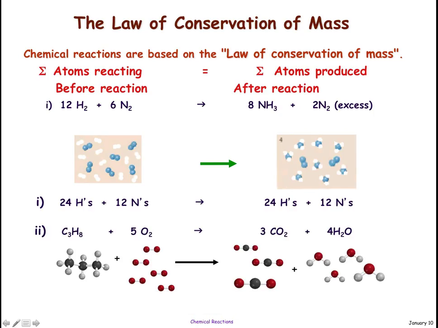Here's another example in which we have C3H8, and that chemical is called propane. In propane we have 1. We don't show it here, but whenever you don't see a number in front of a chemical, it means there's 1 of this particular substance that you're using. Now, this is already a balanced equation. What C3H8 means is that there are 3 carbons, 1, 2, 3, and 8 hydrogens, 1, 2, 3, 4, 5, 6, 7, 8.